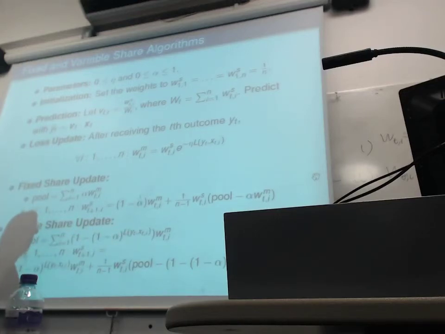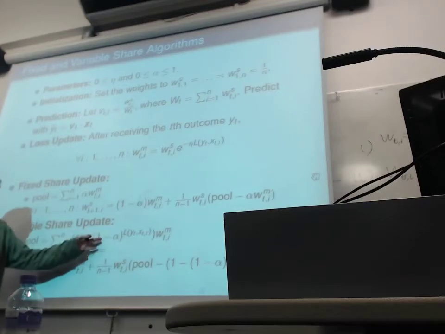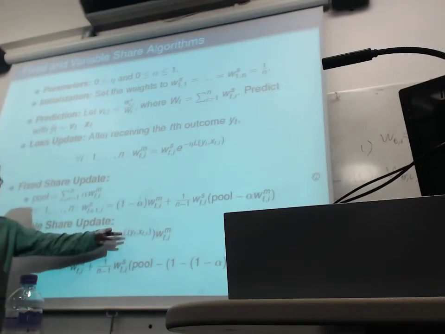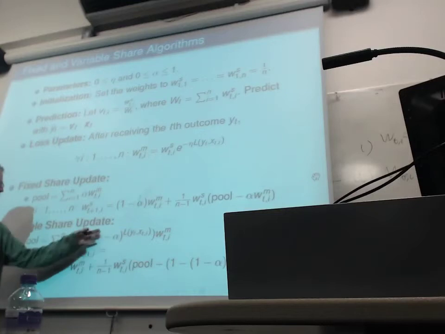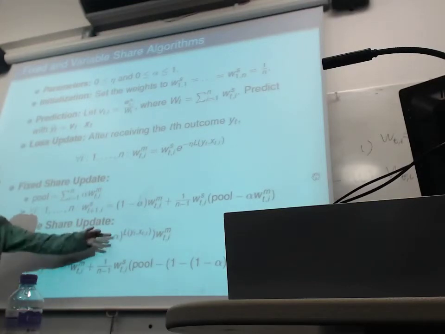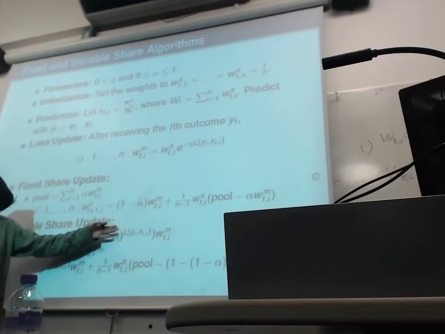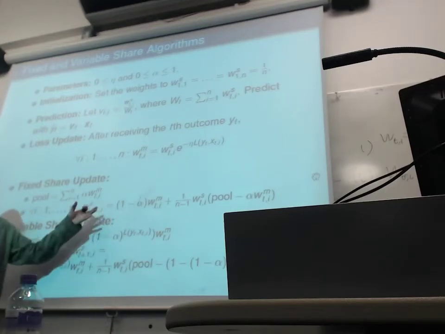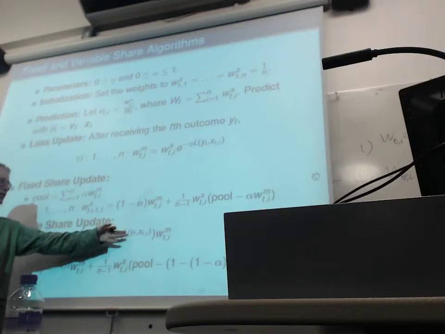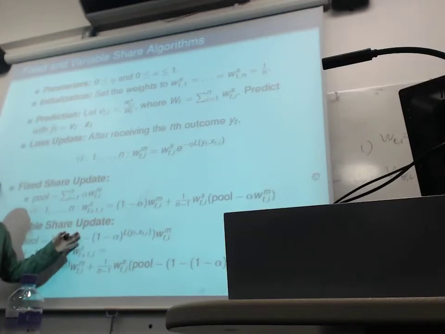So now the given expert keeps 1 minus alpha of its loss. When you linearize this, it keeps 1 minus alpha L approximately. So if it makes 0 loss, it keeps 100% of its weight.